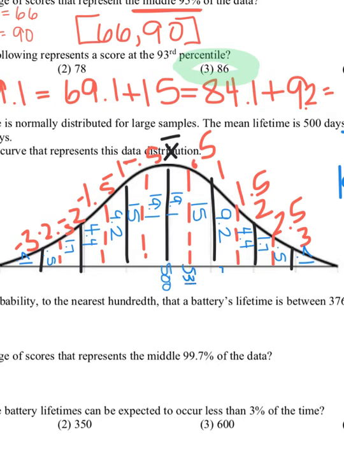Then we have 562, and then 593, 624, 655, and 686.